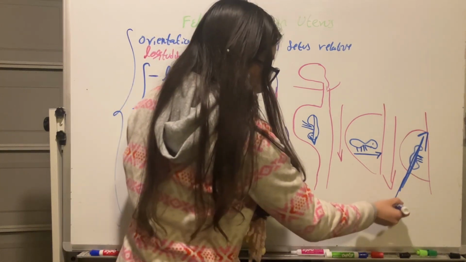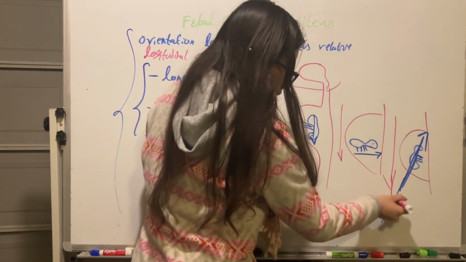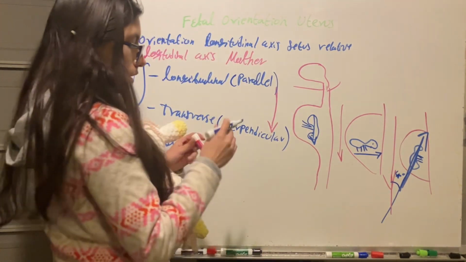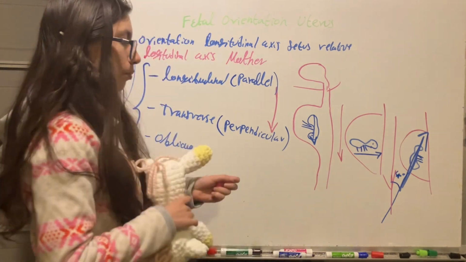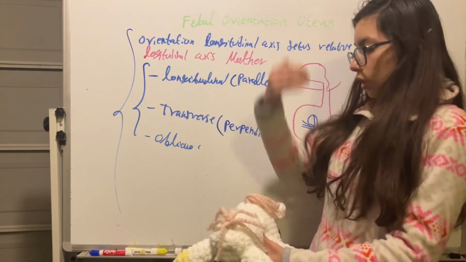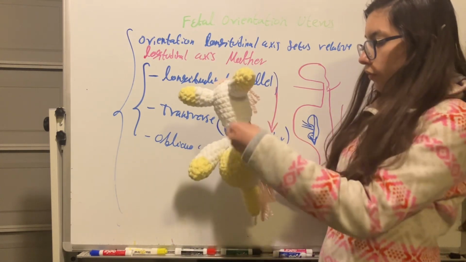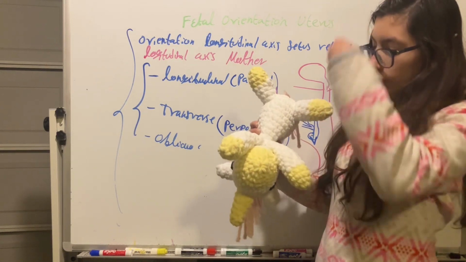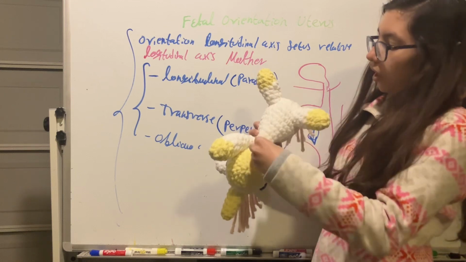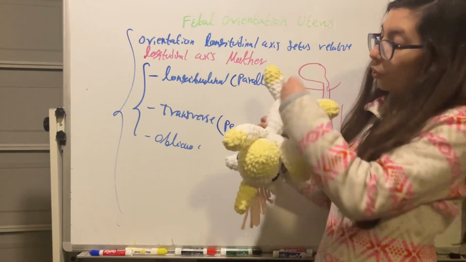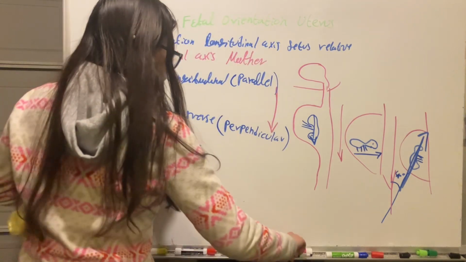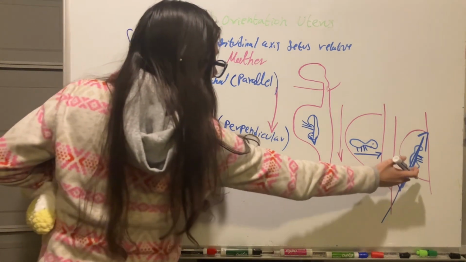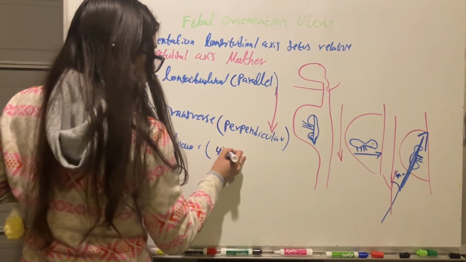If we extend this vector and this vector, roughly this is a 45-degree angle. So the oblique orientation is, here we have the longitudinal axis of the mother, and the longitudinal axis of the fetus is like 45 degrees relative to the longitudinal axis of the mother. So it's exactly an oblique orientation. The angle between the longitudinal axis of the fetus and the mother is 45 degrees.